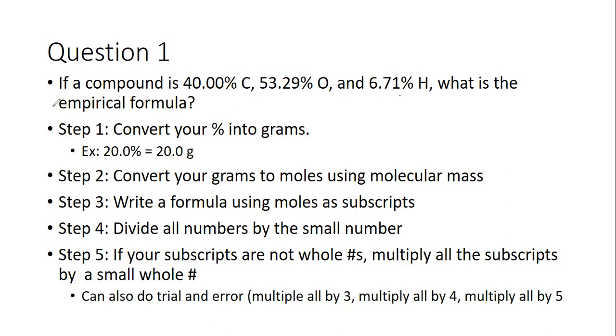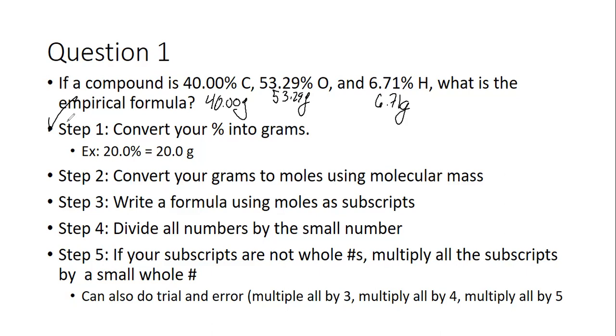Step 1, take all your percentages, convert those into grams. So instead of 40% carbon, I can say I have 40 grams of carbon. I have 53.29 grams of oxygen and 6.71 grams of hydrogen. So that part's easy. Step 1 done.